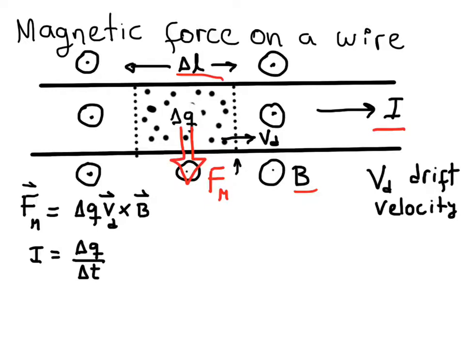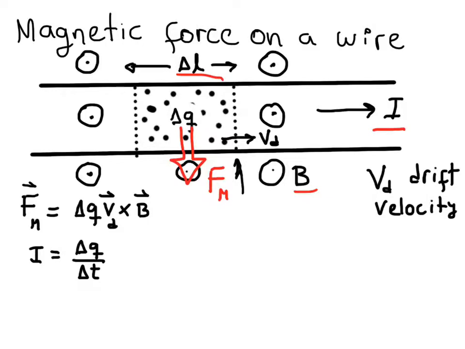Now, the amount of charge inside that segment of the wire delta L, we're specifying as delta Q, but we can write how much time it takes that amount of charge delta Q to cross that finish line that I indicated there. How much time would it take for all of that charge to move through that line right there?